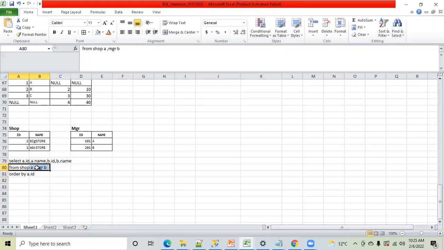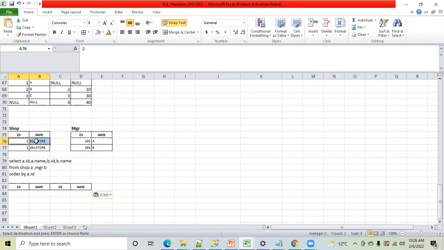Here, what is happening? SQL is confused: okay, the user is asking for data from these two tables, from the shop and manager tables. But on which key should I match? The user has not mentioned any joining condition, right? No joining condition is there. So SQL will get confused, and it will take this column from the shop table and this column from the manager table.